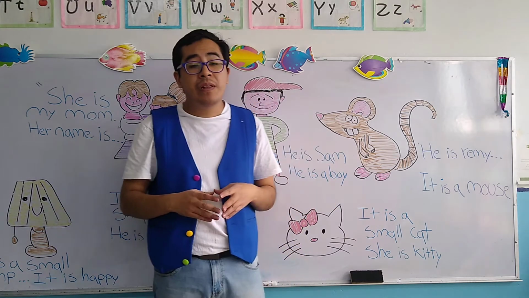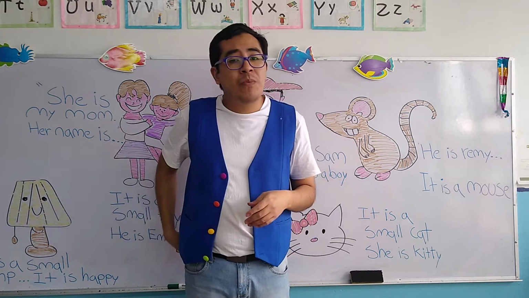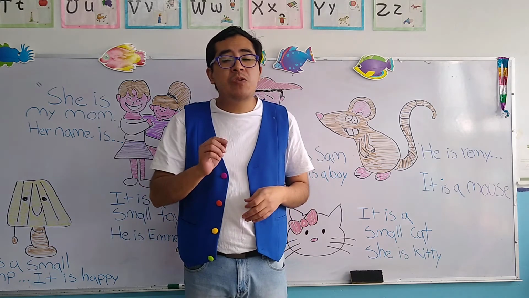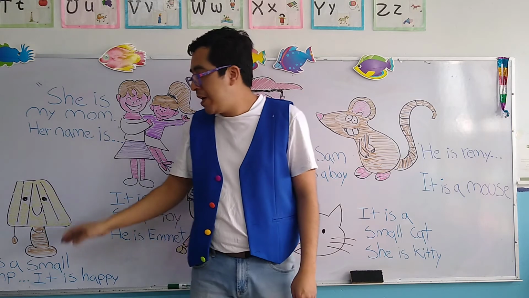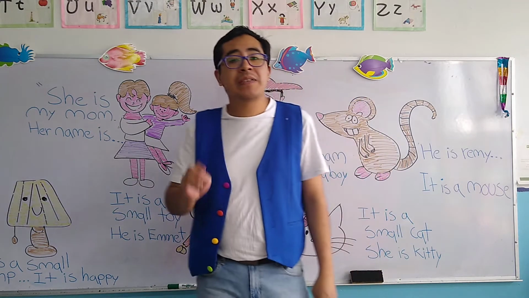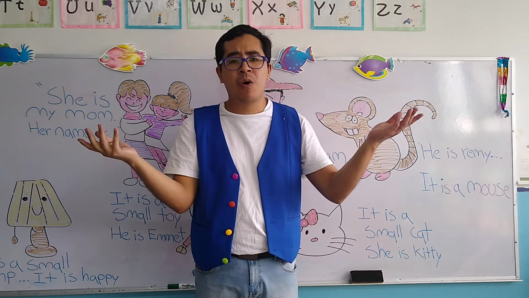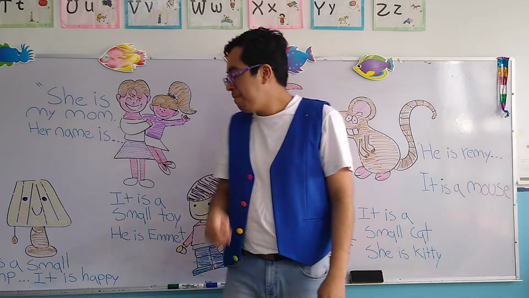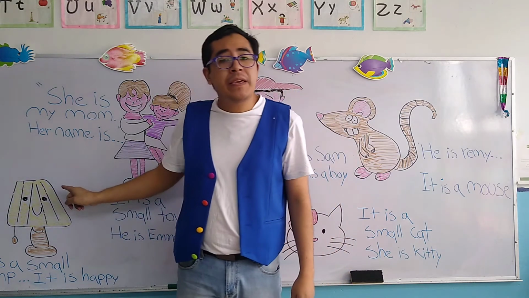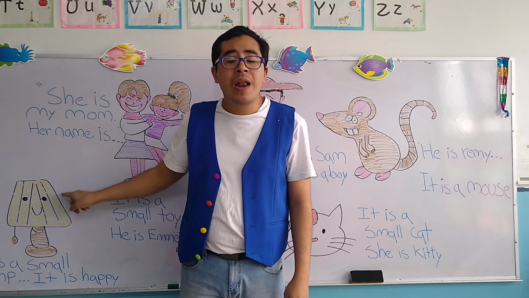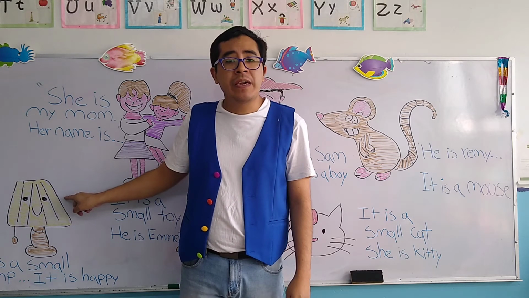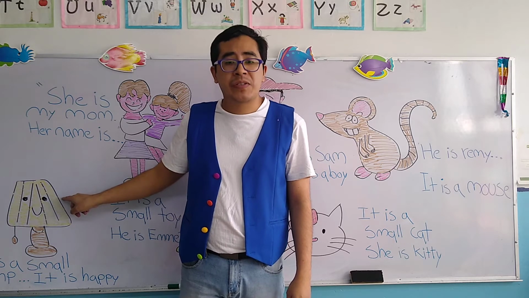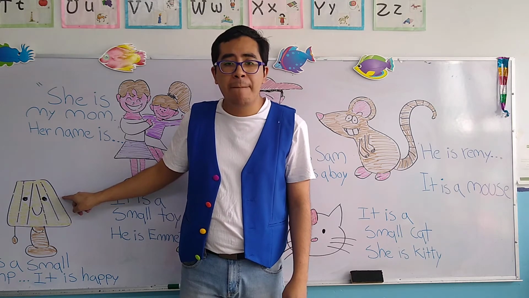Let's continue with the lamp. Now, for this object, remember that we use the adjective small. Acuérdense que habíamos utilizado para estas últimas imágenes small. And what is small? Pequeño. Okay? Now, it is a small lamp. It is a small lamp.